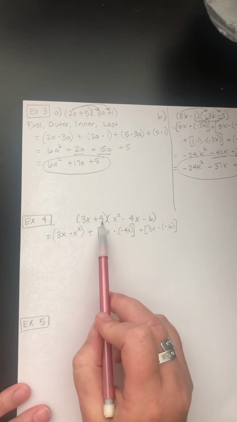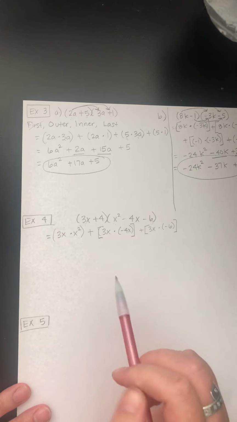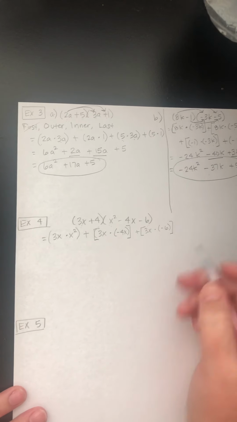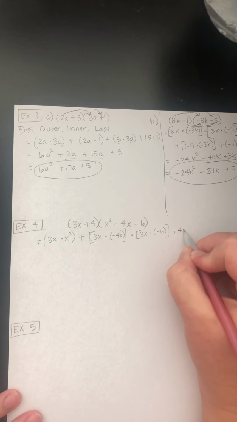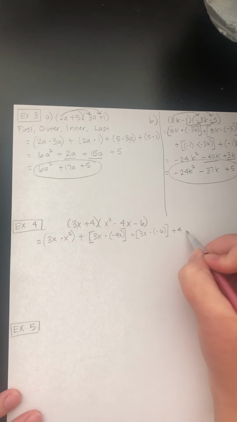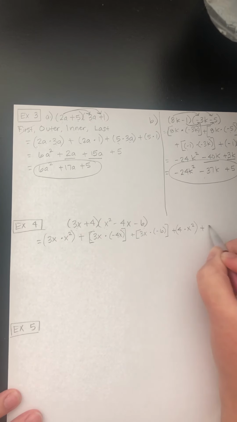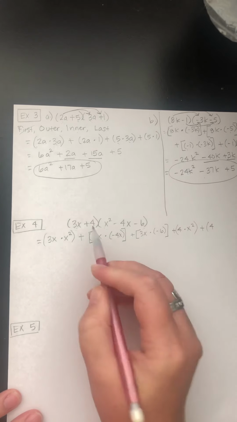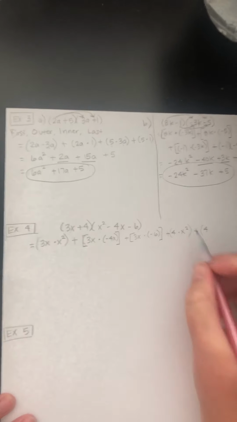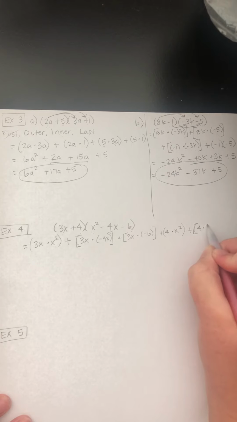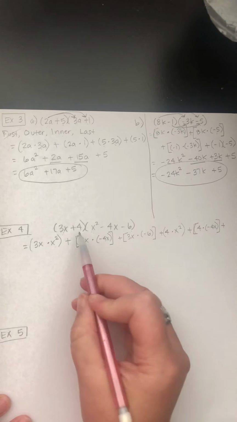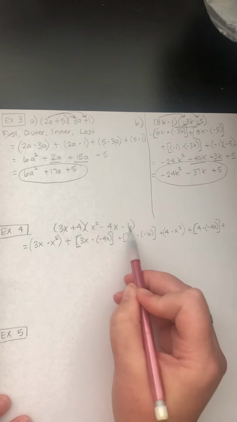Now we're going to move to our second term and multiply it by every single term in our trinomial. So it's going to be 4 times x squared. And then we have 4 times negative 4x. Then we have 4 times negative 6.